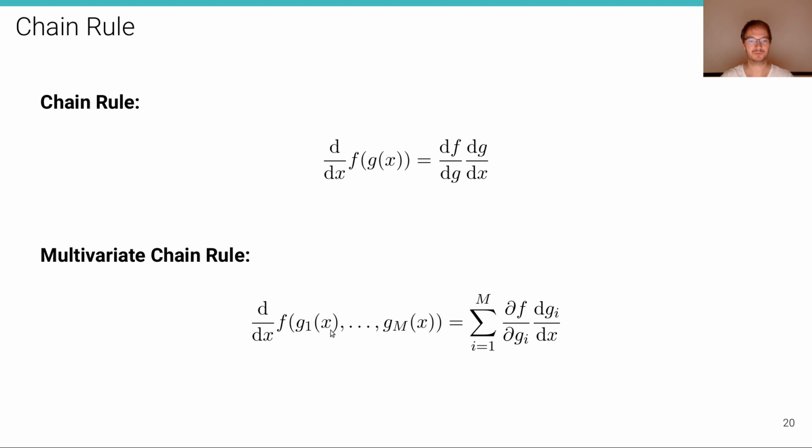And all of these functions g1 to gm depend on the same variable x. And what we want to compute is the derivative of this composition of functions with respect to the variable x. And what the multivariate chain rule tells us is that this derivative is simply the sum over all the individual chain rules here. So that's the derivative of f with respect to gi times the derivative of gi with respect to x.